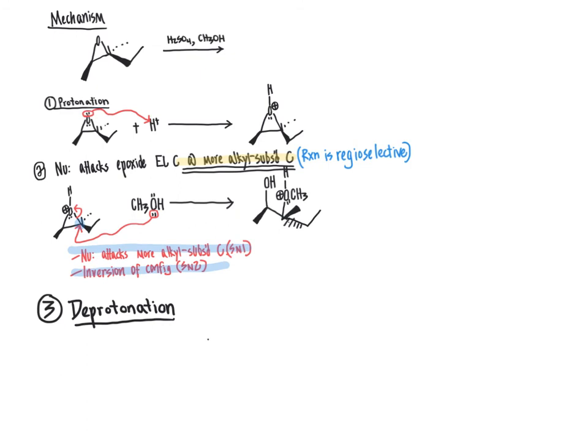So let's go ahead and draw out our intermediate, like so. Put my positive charge on there, keeping everything going along here. So I just redrew my structure from above.